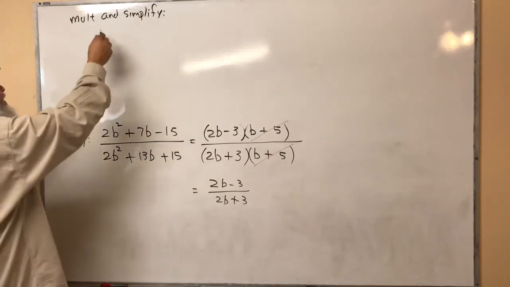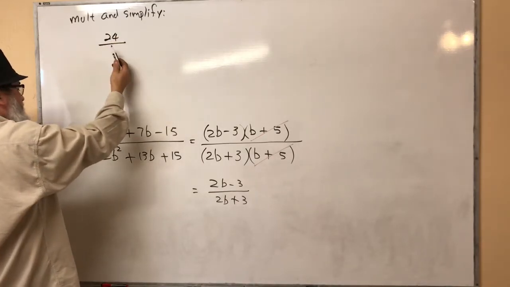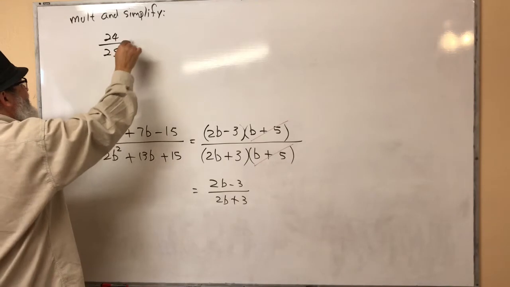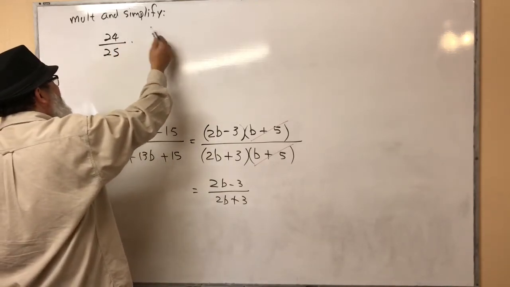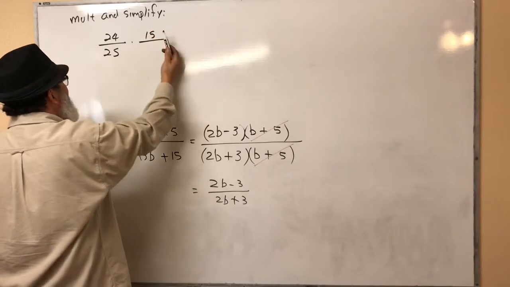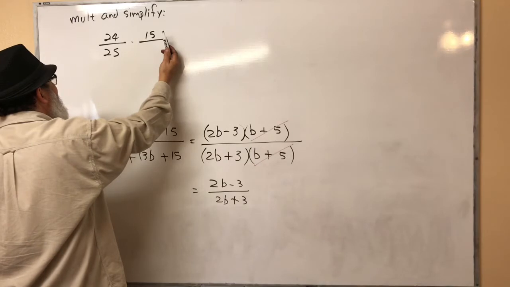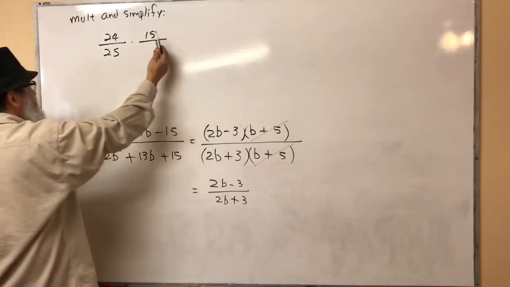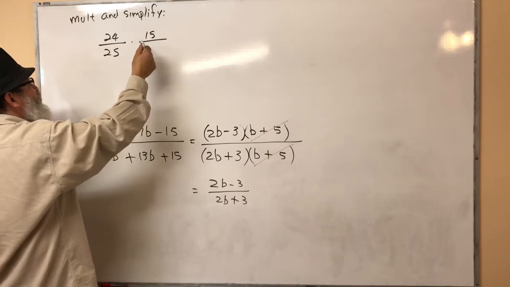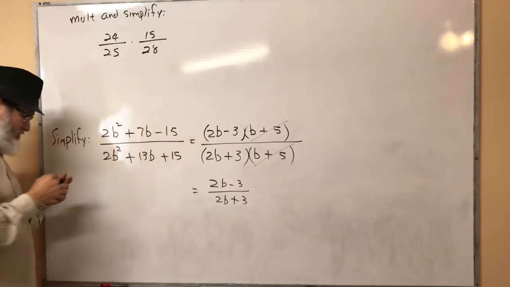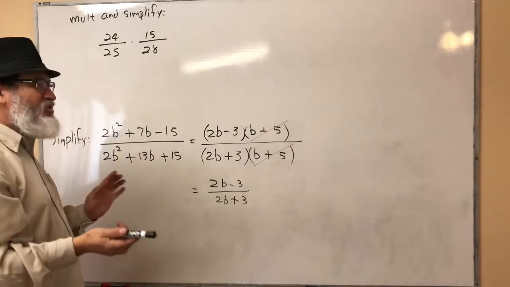Watch this. 24 divided by 25 times 15 divided by 28. There you go. I know you guys know how to do it fast, but let's do this the long way.